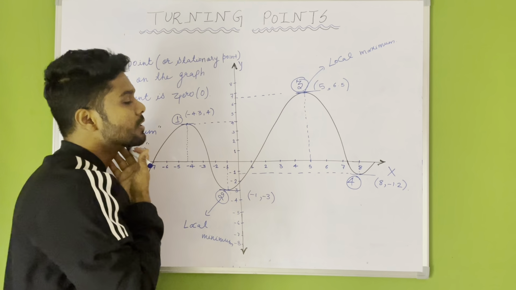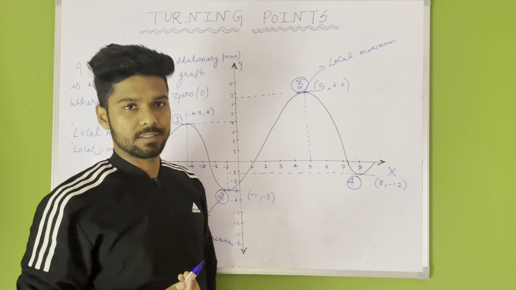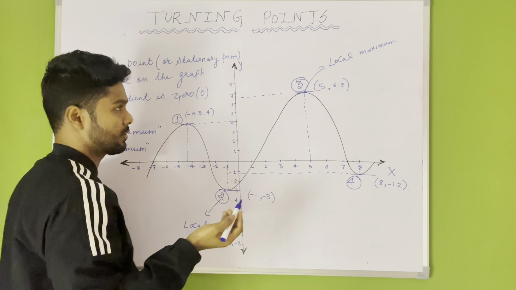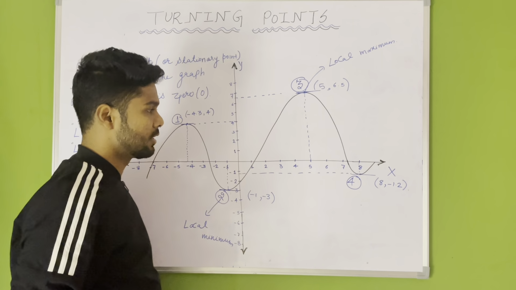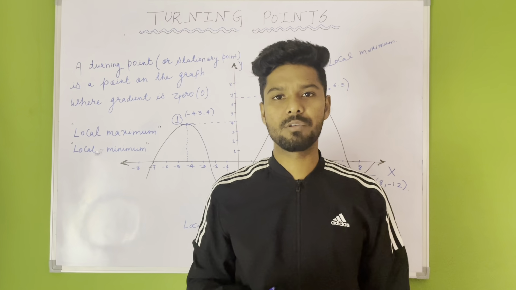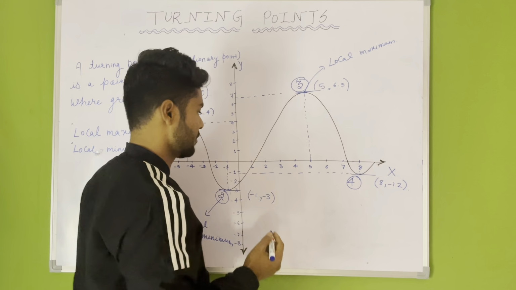Now we can say that since the value of the gradient at this point, this point, and this point is 0, therefore, we can say a turning point is a point where the slope is 0, where the gradient is 0, or where the differentiation is 0.